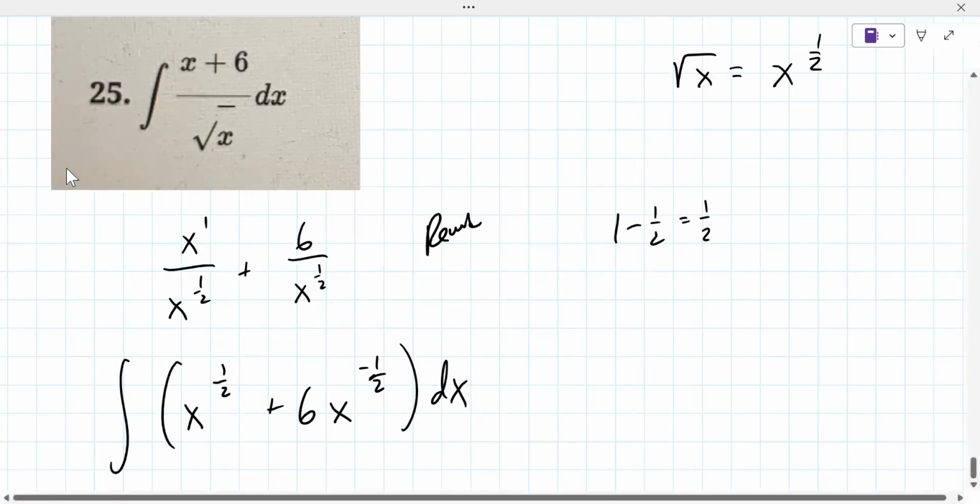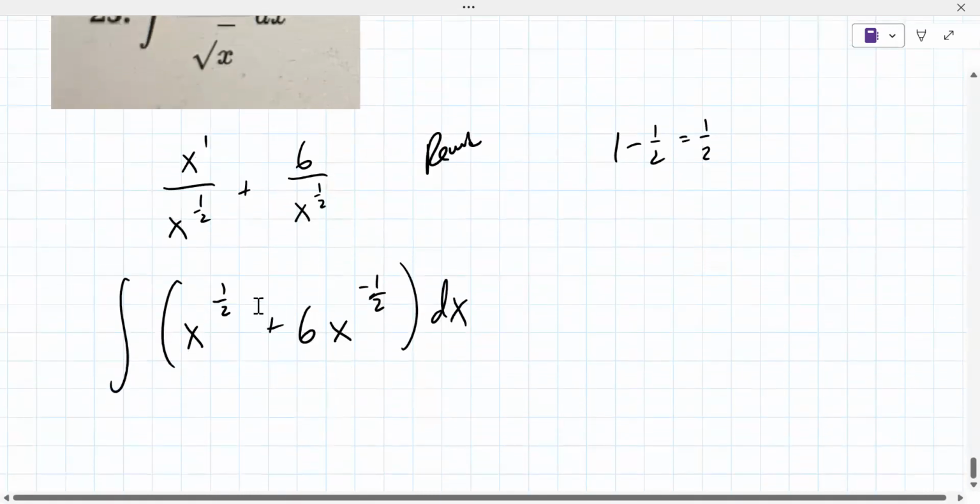Okay, so when it's positive, it stays in the numerator. This one you bring up and it's negative. So why don't you retry it from here?